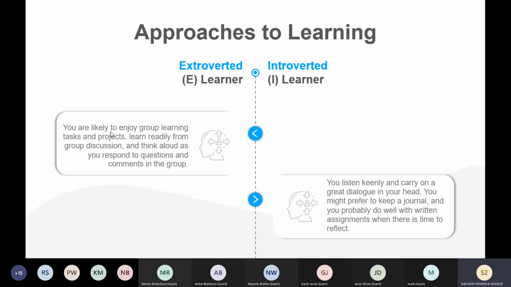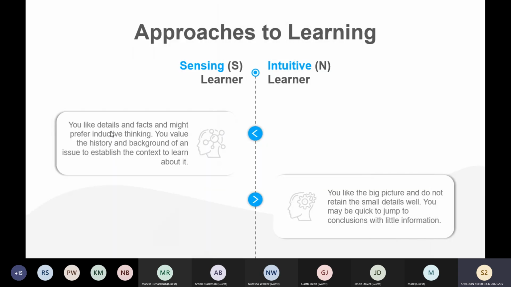Use of the MBTI would bring a complex understanding to the combinations as we saw. So if you're a sensing type, a sensing learner, you would like your details and your facts and prefer inductive thinking.